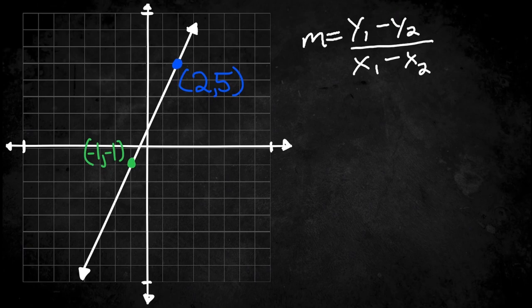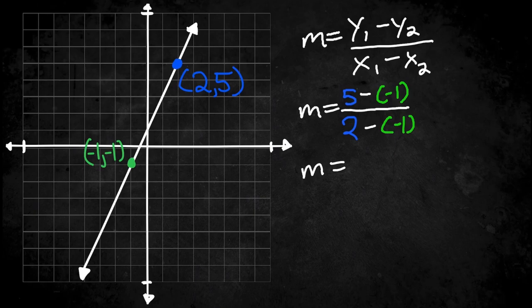So I'm going to do (2, 5) first. So m equals 5 minus -1 over 2 minus 1, and that means that the slope of the line is 6 over 3, which is equal to 2.